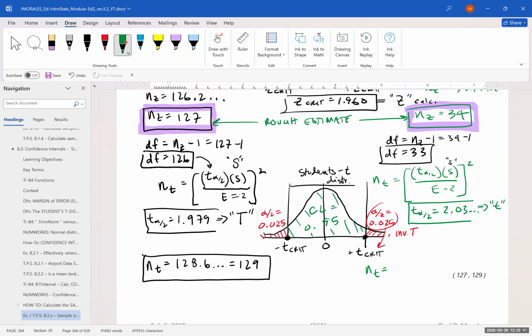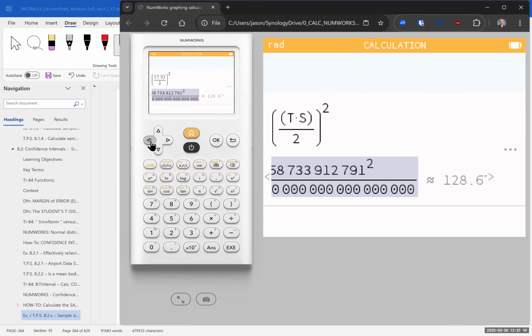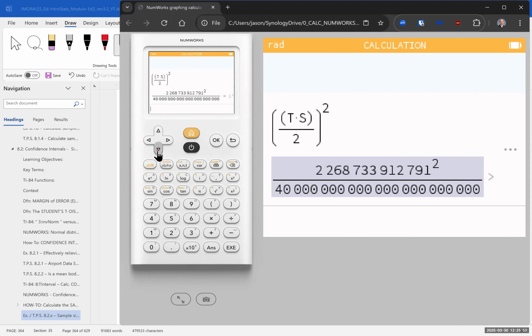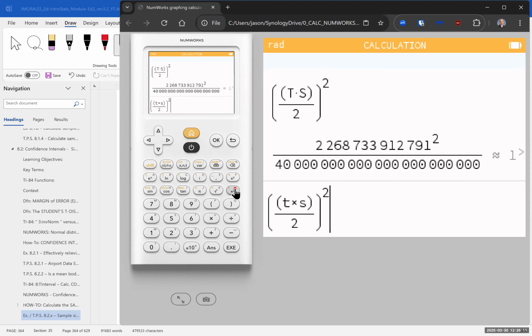And then over here for the T-Mobile side, so now I'm going to use lowercase t because this is what I stored the T-Mobile stuff in, times lowercase s, divided by our margin of error of 2, and square that.